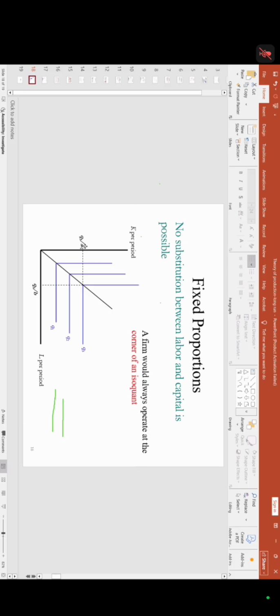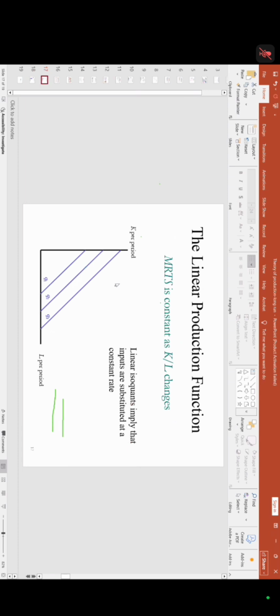Clear? But in a normal scenario, no linear production happens. Linear production is substitutable, you can compromise at an equal rate. If you increase labor by one, you compromise three of capital. Again if you increase another labor, again you compromise 3.